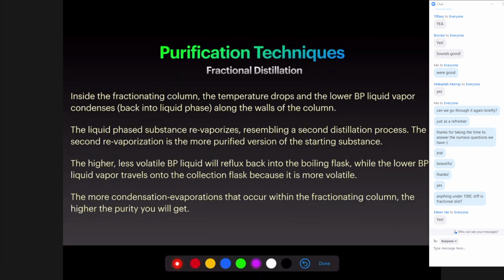So you see what I mean by doing simple distillation over and over again for fractional distillation. The higher, less volatile boiling point liquid will reflux back into the boiling flask. That means it'll basically just drop back down into the boiling flask, while the lower boiling point liquid vapor travels on to the collection flask because it is more volatile.